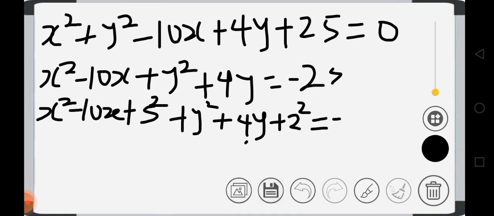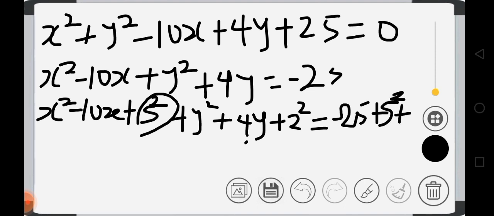This equals minus 25, plus, look at this. This first one, you add it to this side. That is 5 squared. Plus this one again, so add it to this side. That is 2 squared. That's how to do it.